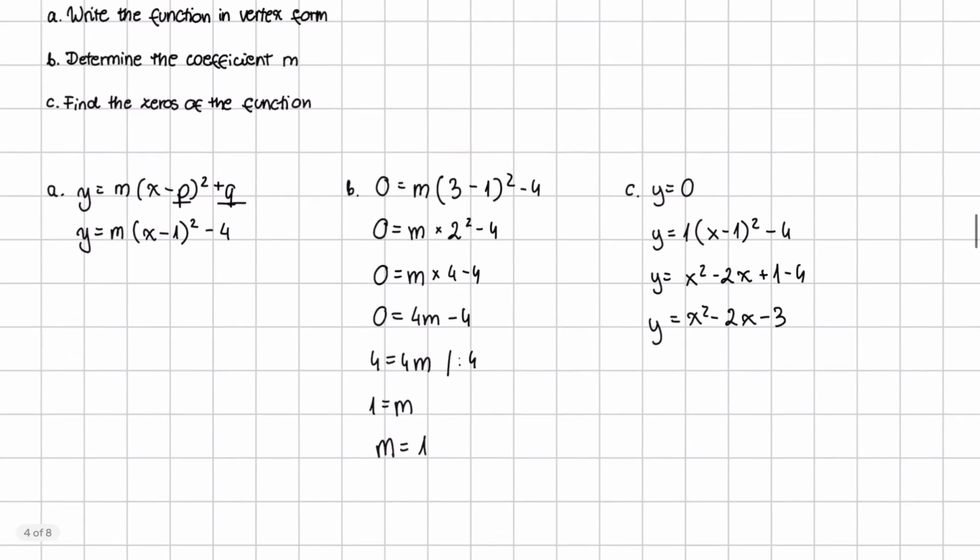And now we can type it into our GDC into graph, and then draw it, gsolve, and choose root, and we have x equals -1, and the second x is x equals 3. So these are the zeros of the function.